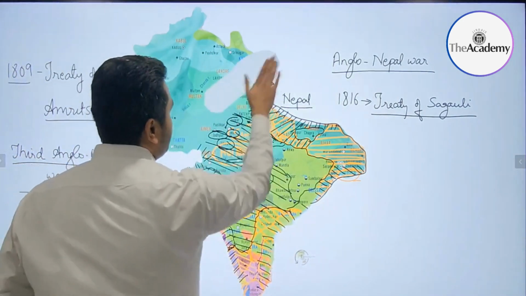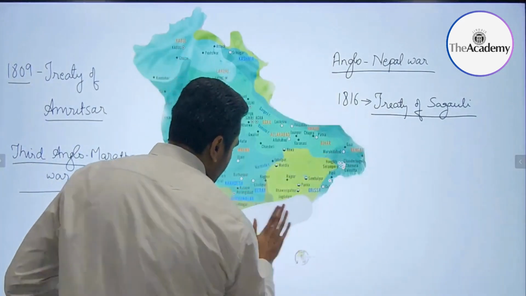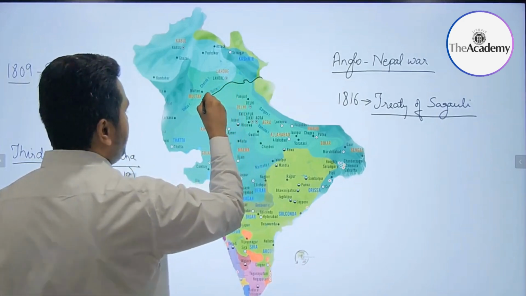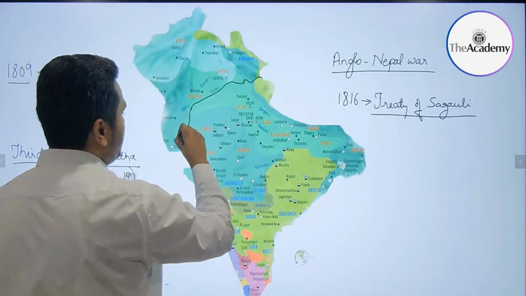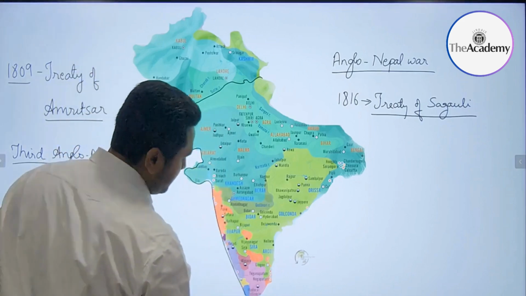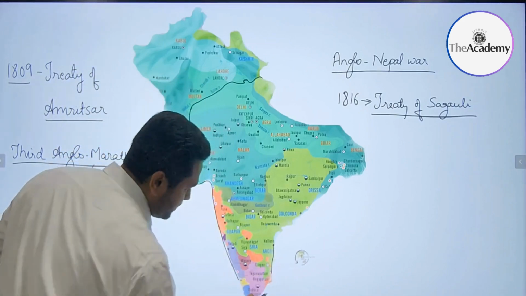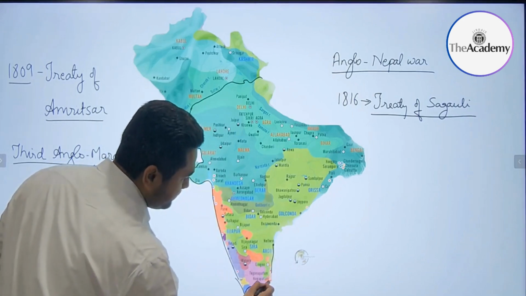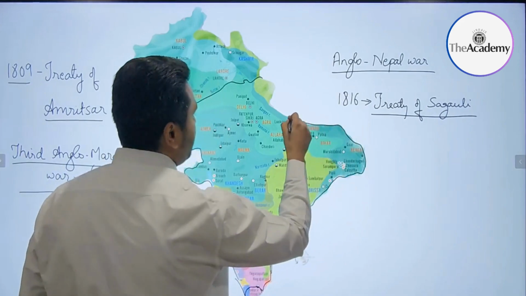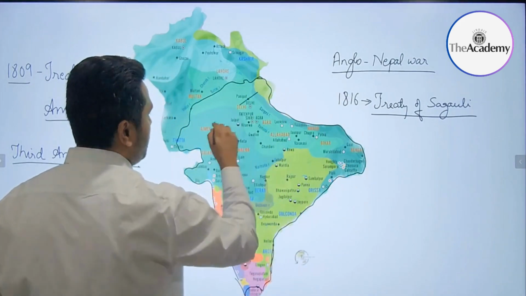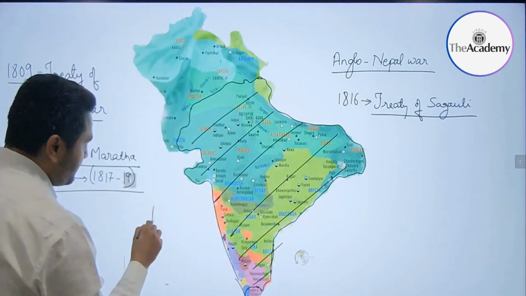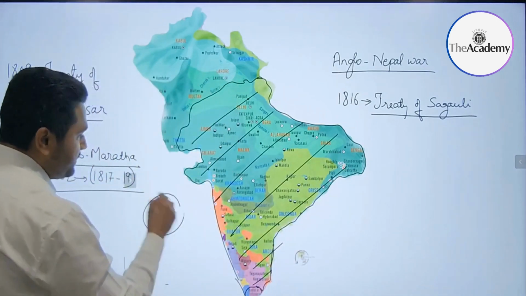So overall, I would say that by 1819, the British effectively controlled the entire region beyond the Satluj River. Travancore is outside. So they exercised authority on this entire region by 1813, by 1819.